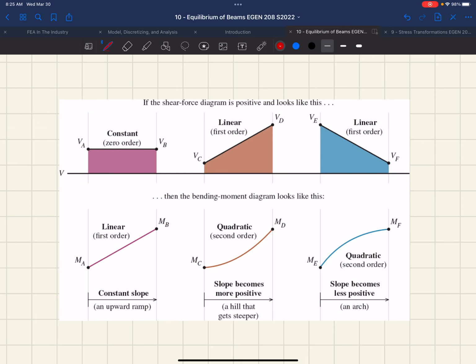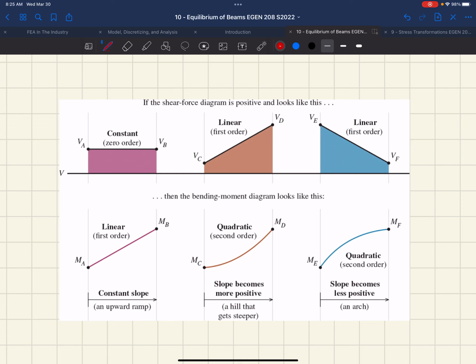So all we're doing is summing what's going on underneath the shear diagram. So if we have a linear shear diagram, we start out with a small magnitude. That means our magnitude is our slope. We start out with a small slope, right? It's almost horizontal. And then as we gain in shear force magnitude, we're going to gain in slope. We're going to start increasing in the amount of moment we have.